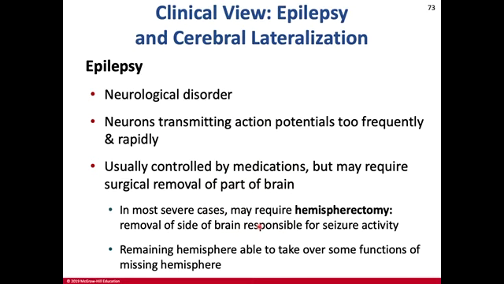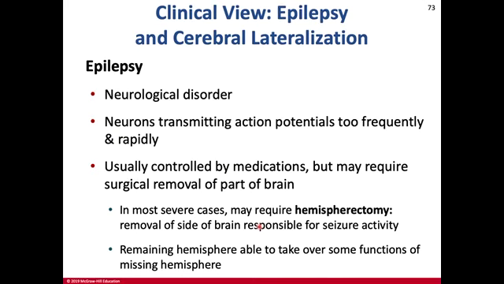Epilepsy is a neurological disorder where neurons that generate action potentials do so inordinately quickly, okay? It can be controlled by medications, but sometimes we have to do surgery, okay?